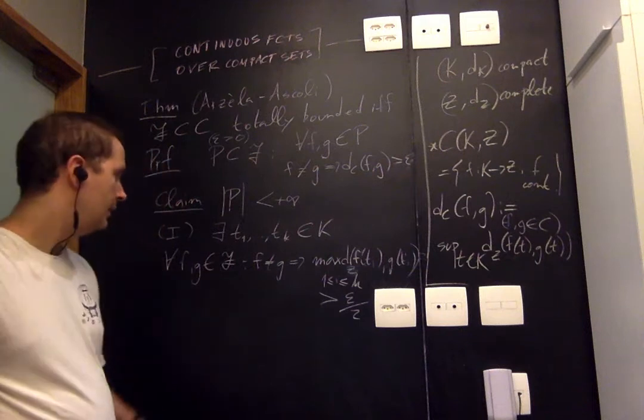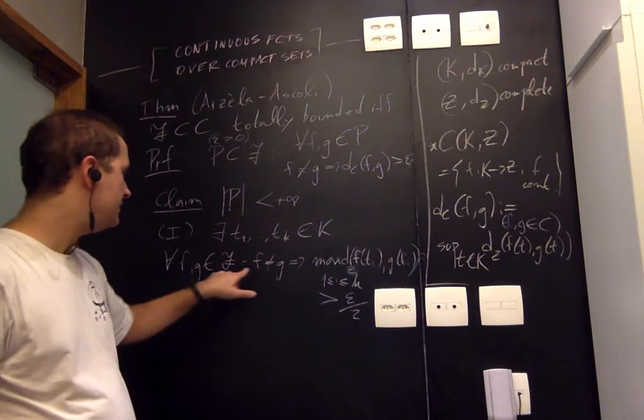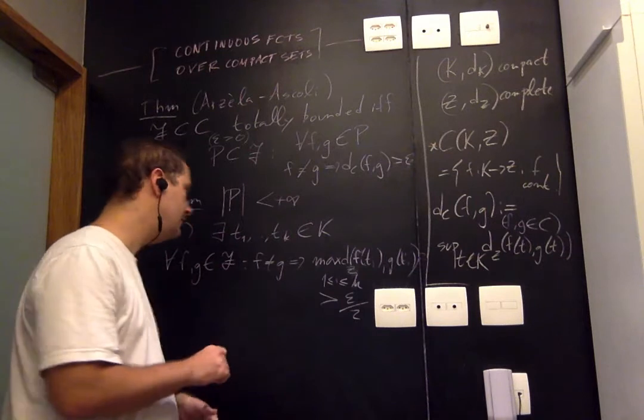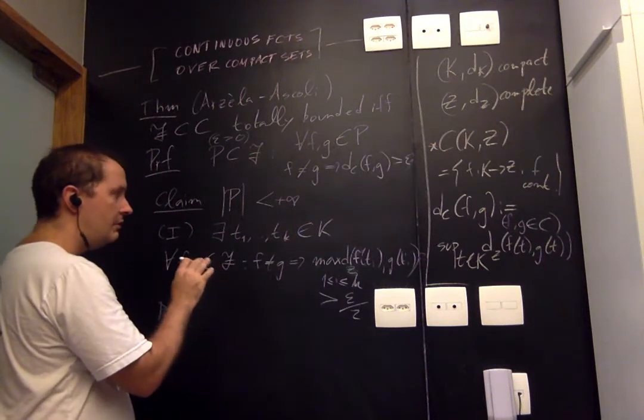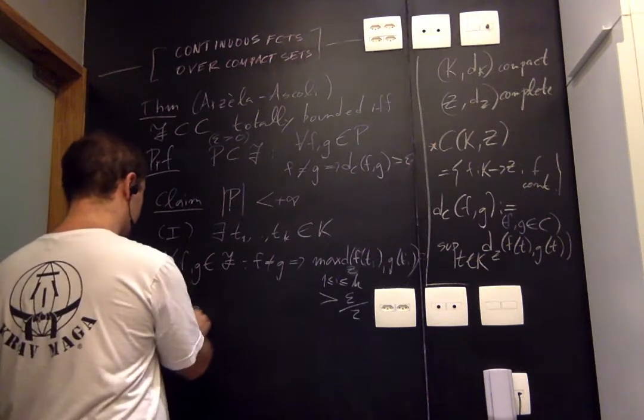Right. So how do we prove that there is this choice of points such that this holds? Well, we're going to use equicontinuity.